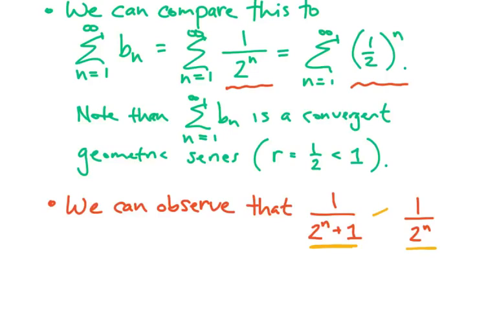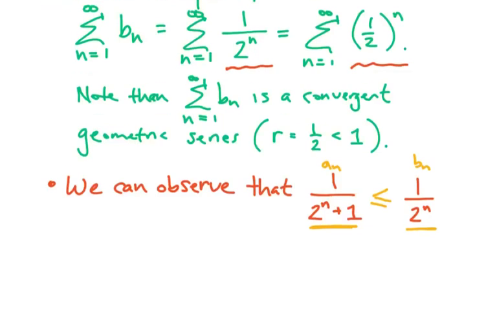So that's what allows me to say that the terms of a sub n, which we have here on the left, are in fact going to be less than or equal to the terms of b sub n for all n values. So we seem to have met the two conditions of the comparison test.